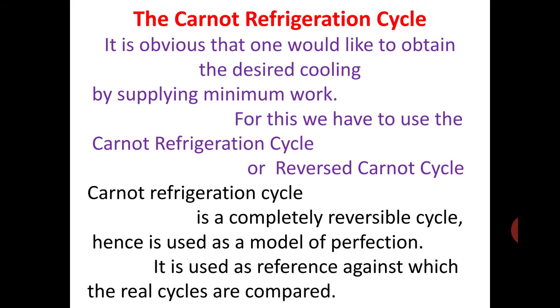So the Carnot refrigeration cycle is not a real cycle, but it can be used as a reference. Our real cycle should be as close as possible to the Carnot refrigeration cycle. Then we can have the maximum performance. We cannot go beyond that. Our performance cannot be better than the Carnot cycle, but our performance can be as close as possible to the Carnot cycle. Then we can say that our cycle is a good one.